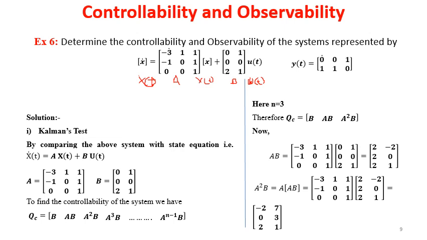So AB is equal to A multiplied by the B matrix. Here A is minus 3, 1, 1, minus 1, 0, 1 and 0, 0, 1.